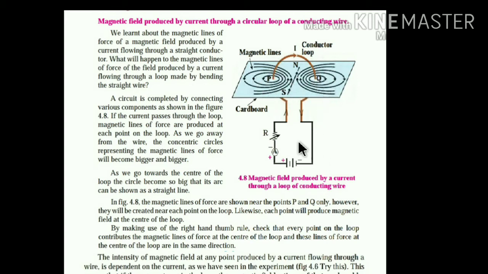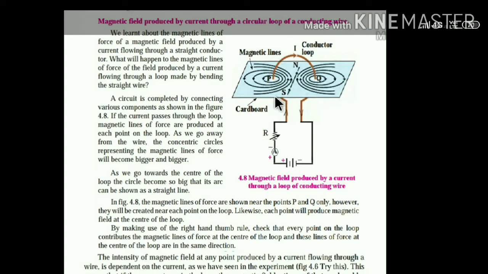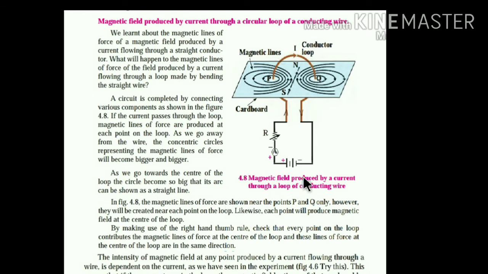Then when we increase the number of turns of this coil, that is n turns, the intensity of the magnetic field also increases here. By this activity, we study the solenoid.